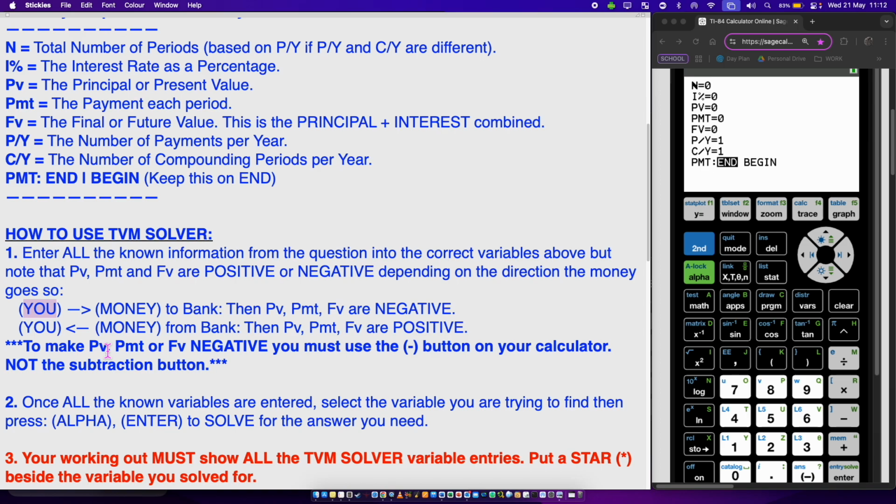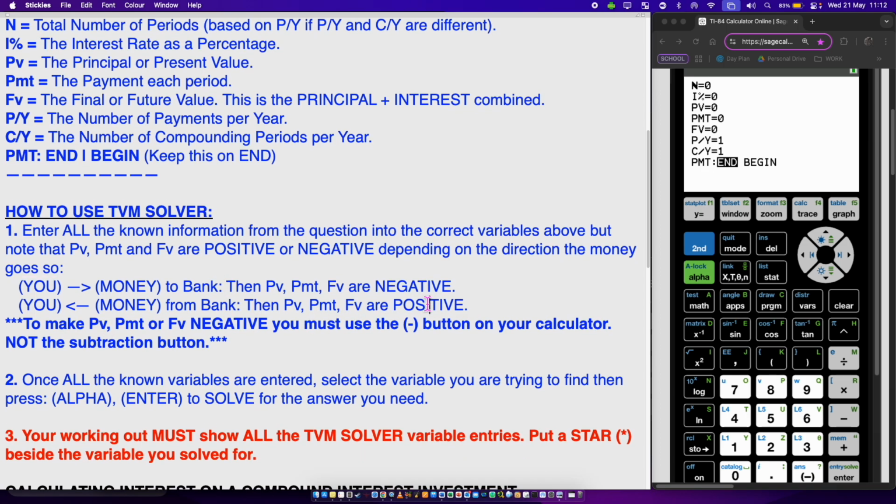If the money is coming to you, then those numbers will be positive. There's an extra trick to it. You can't make a number negative by pressing the take sign here. You make things negative in TVM Solver. Can you see the brackets with a little subtraction in the bottom? That's how you make them negative.